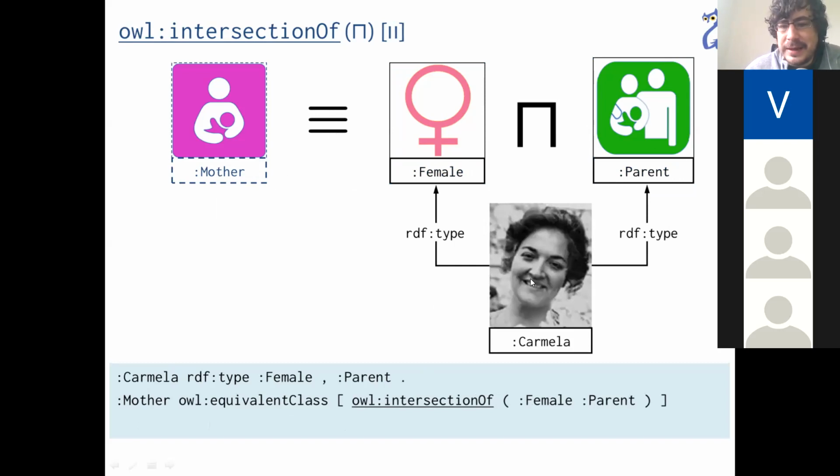So if we have Carmela is of type female and is of type parent here, what could we infer? Now that it goes in both directions, we can infer that Carmela is of type mother. Okay, so if Carmela is parent and female, then she's of type mother.